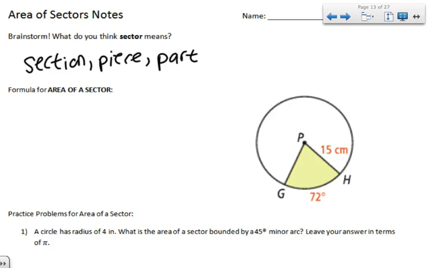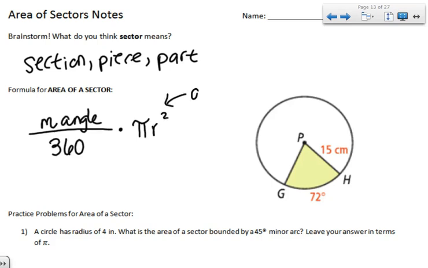So area of a sector is similar to arc length, but I'm going to be finding area. So instead of dealing with circumference, I'm going to be dealing, like I said, with area. So your formula, you're going to have the measure of the angle over 360, and you're going to times that by pi r squared.